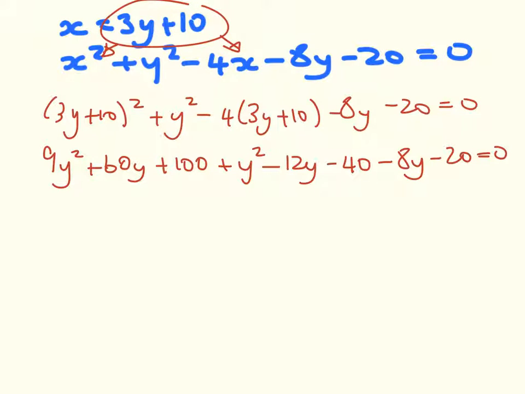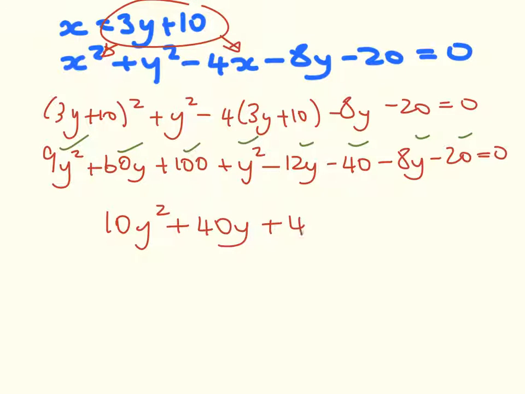Gathering together the like terms, we've got 9y squared and y squared, which gives us 10y squared. We've got 60y minus 12y minus 8y, which gives us 40y, and we've got 100 minus 40 minus 20, which gives us plus 40 is equal to 0.